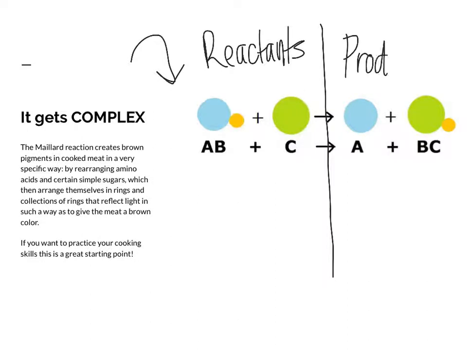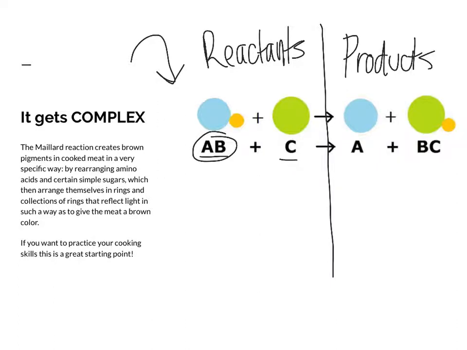When you separate reactants and products, what you will look for is the rearrangement of the shapes, or the rearrangement of compounds and elements. Notice on the reactant side, you have an AB compound and a C element. A key thing to these replacement reactions is that this is going to change.